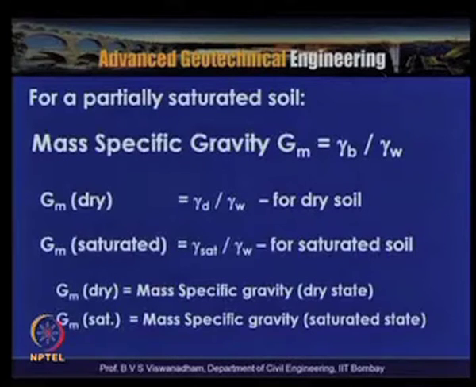In case of Gm dry, that is mass specific gravity in dry state, it is gamma d by gamma w for dry soil. Gm sat is gamma sat by gamma w for saturated soil, which is the mass specific gravity in a saturated state.